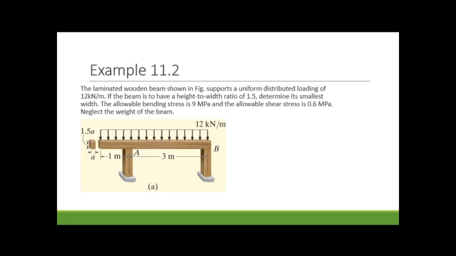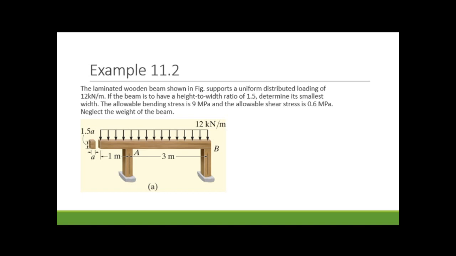Also, I want to say these connections are pinned, like this. And the beam has a height to width ratio of 1.5, so if we choose the width of the beam, for example, we don't know the value, I say A, the height should be 1.5 A. Allowable bending stress is given as 9 megapascal, allowable shear stress is given as 0.6 megapascal.